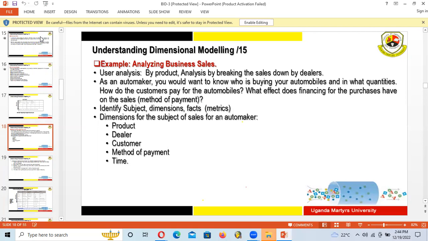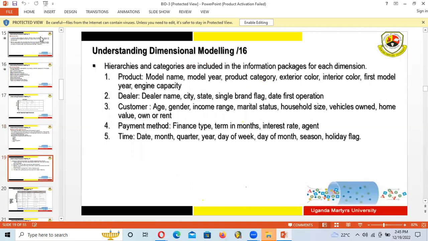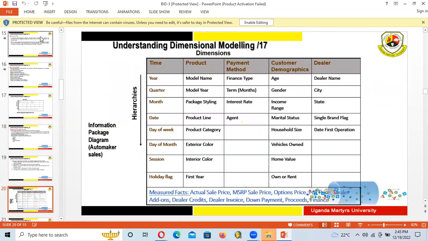What effect does financing for the purchases have on the sales? Identify and select dimensions and fact dimensions for the subject of sales for an automaker, which include the product, dealer, customer, method of payment, and time. Hierarchies and categories are included in the information packages for each dimension.